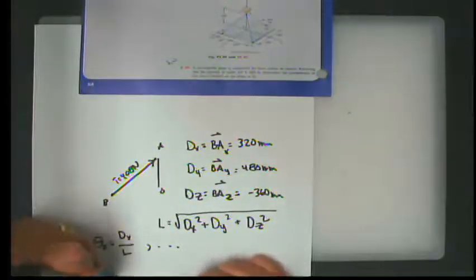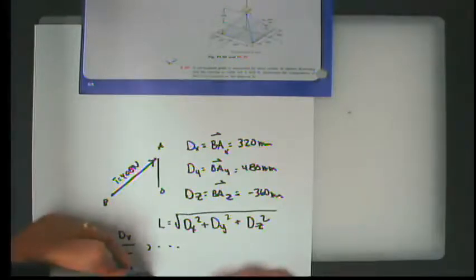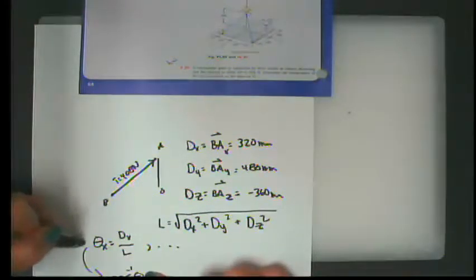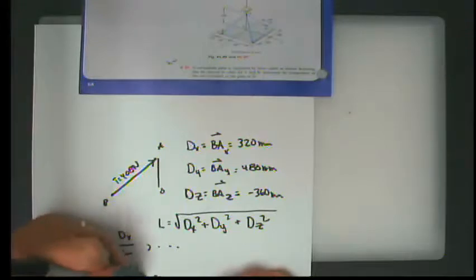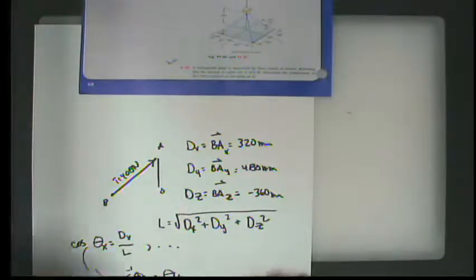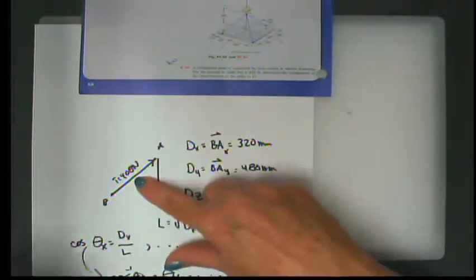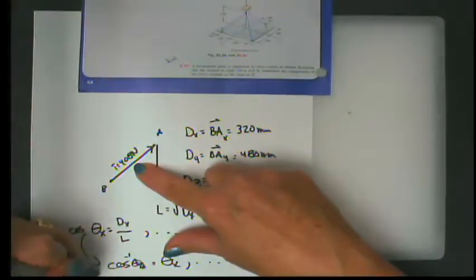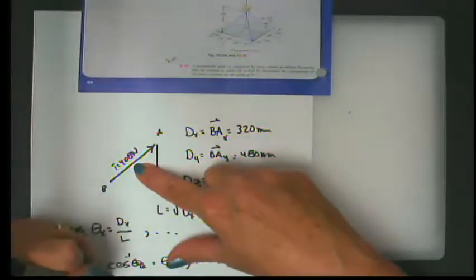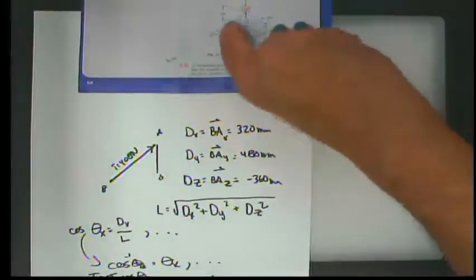Take the inverse cosine of those to find the angle, the theta x, theta y, and theta z. And then you can multiply by each of those to find the component of the tension in the x direction. So in other words, the component of the tension in the x direction is the tension times the directional cosine in the x direction, and similarly for the others.